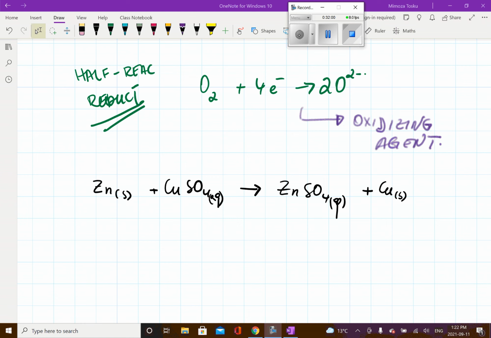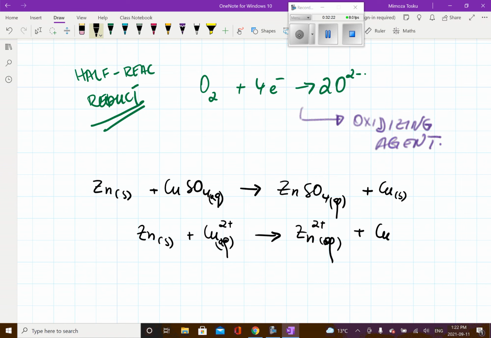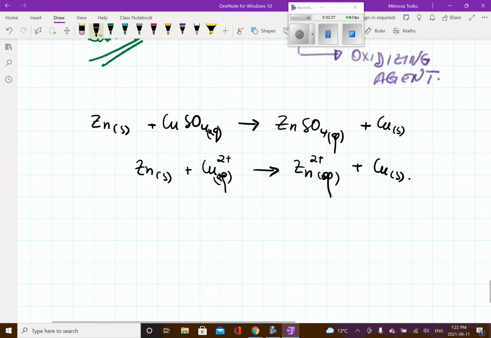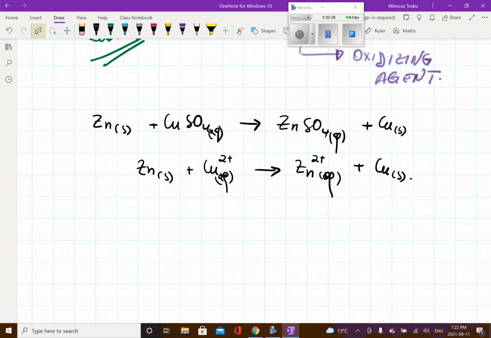So what we see in this case is zinc plus copper 2+ in aqueous solution giving us zinc 2+ in aqueous solution and copper metal.